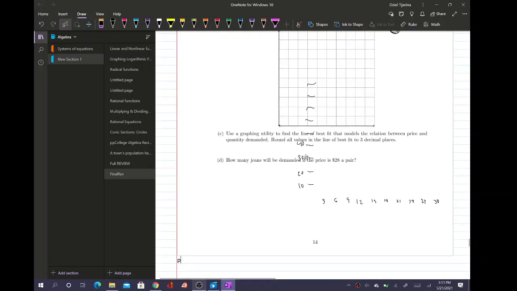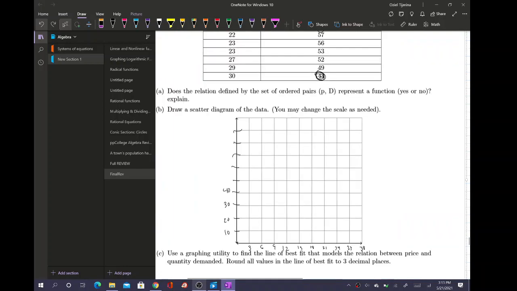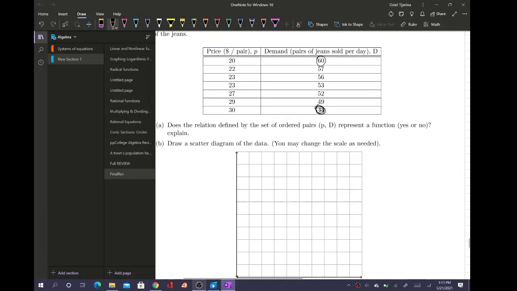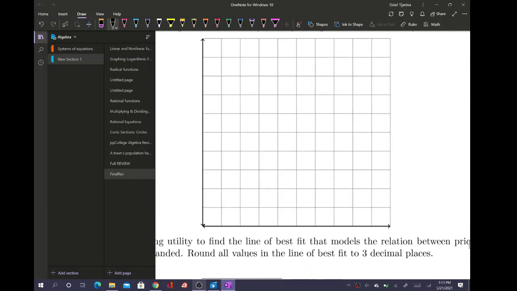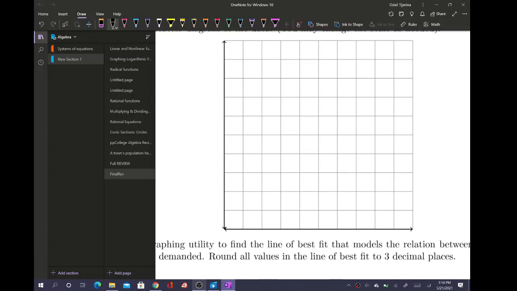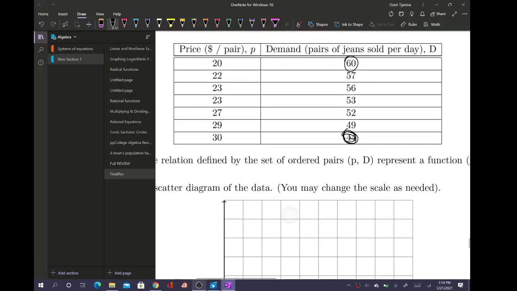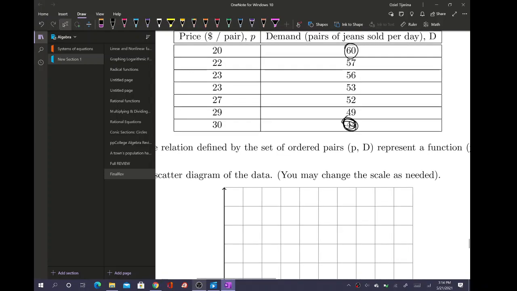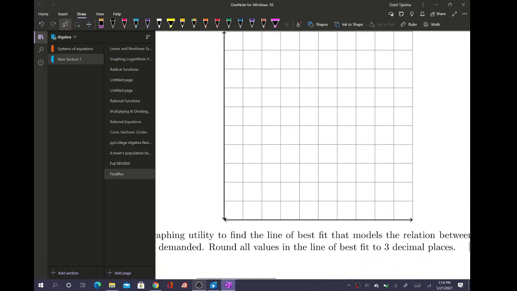Since I'm not sure exactly how they're doing it here, they're asking us to draw a scatter plot, right? But they say to change the scale as needed, so I don't think there has to be an actual exact way to do this.